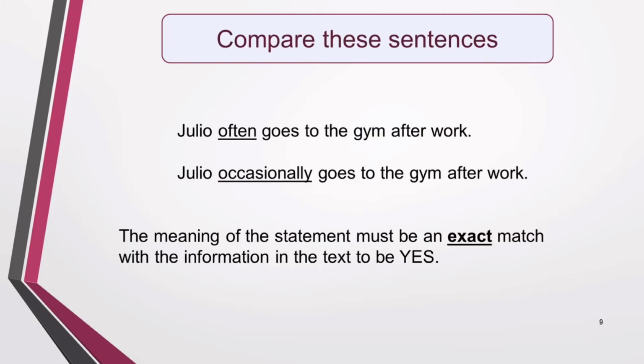Compare these two sentences. Julio often goes to the gym after work. Julio occasionally goes to the gym after work. In the second sentence, just one word has been changed, but it gives it a very different meaning. In yes, no, not given questions, the meaning of the statement must be an exact match with the opinion of the writer for the answer to be yes.